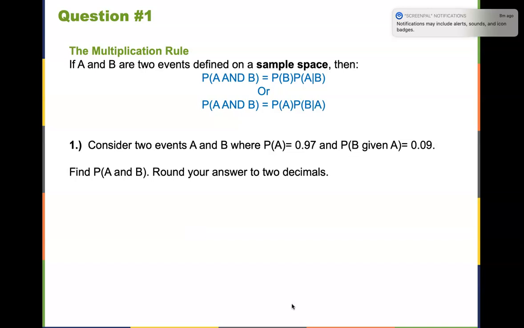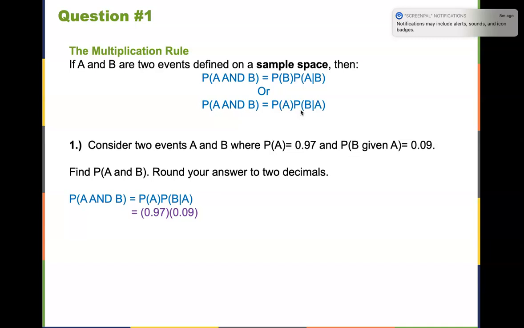Question number 1 considers the use of the multiplication rule. Consider two events, A and B, where the probability of A is equal to 0.97 and the probability of B given A is 0.09. We are supposed to find the probability of A and B. Looking at these two possible formulas, we see B given A represented in the second formula.